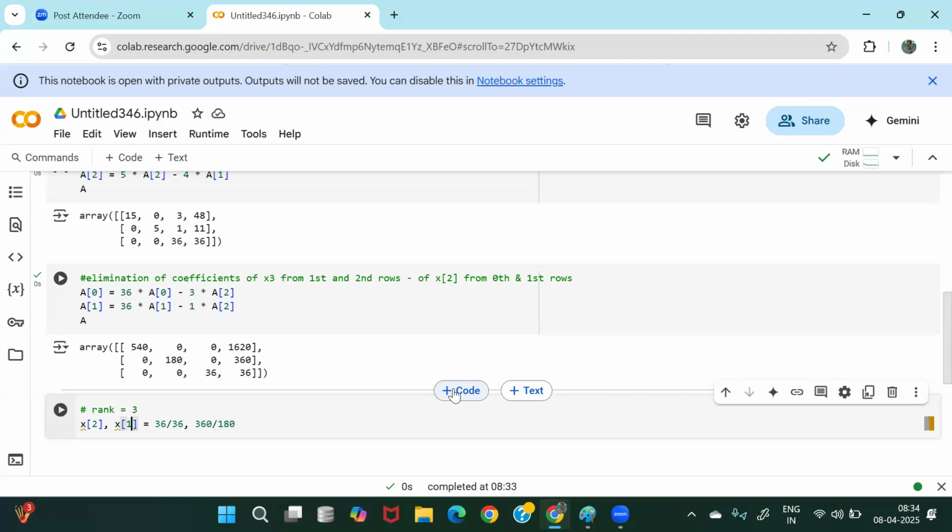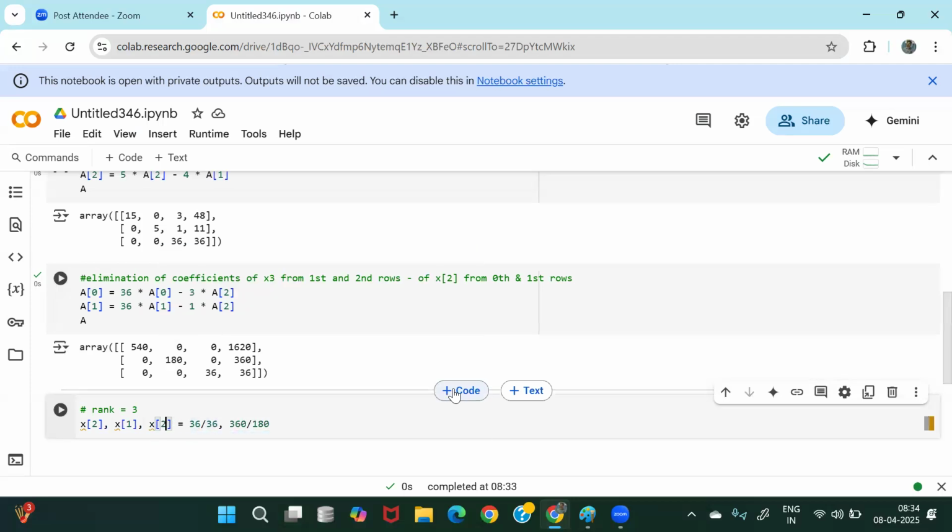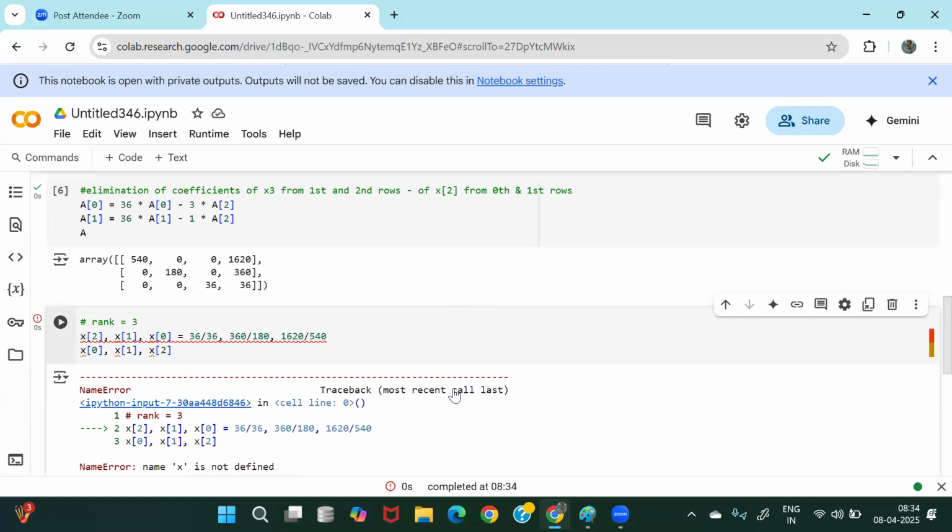And what is x0? 1620 divided by 540. Now print them: x0, x1 and x2.